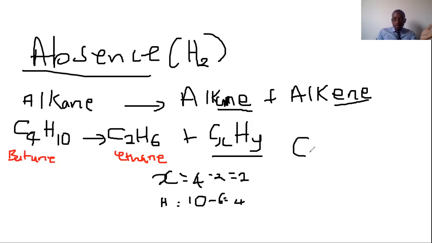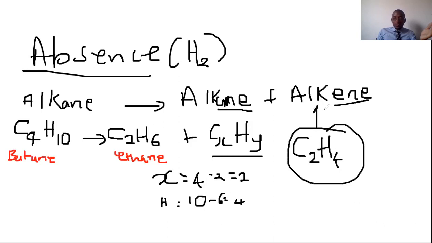Therefore this will be C2H4, an alkene known as ethene. Very soon we're going to look at this group of homologous compounds. So in the absence, you produce an alkane and an alkene. So that is cracking in the absence of hydrogen.